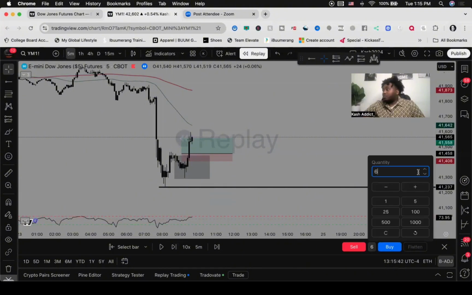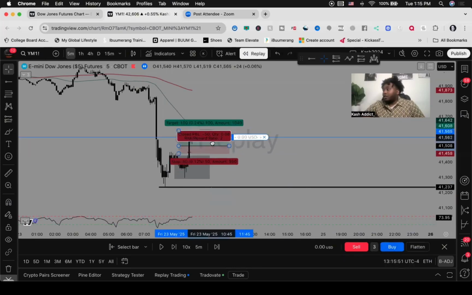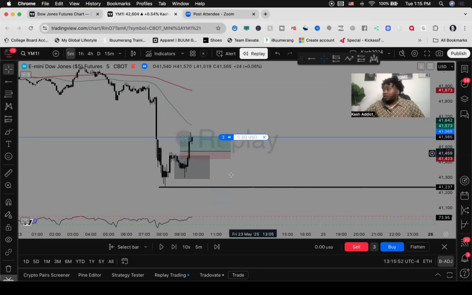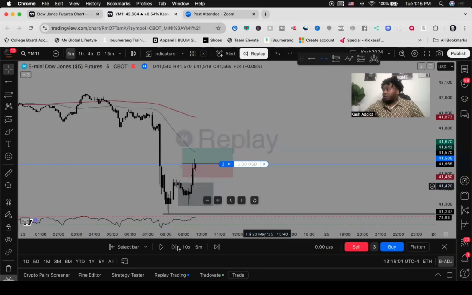Let's just try to take a trade. So even when you backtest, you can see. So I'll pop a 3 right here, 100 points. It should be at least a $1,500 trade. But we're gonna have to bring this stop loss down just a little bit. All right, boom.